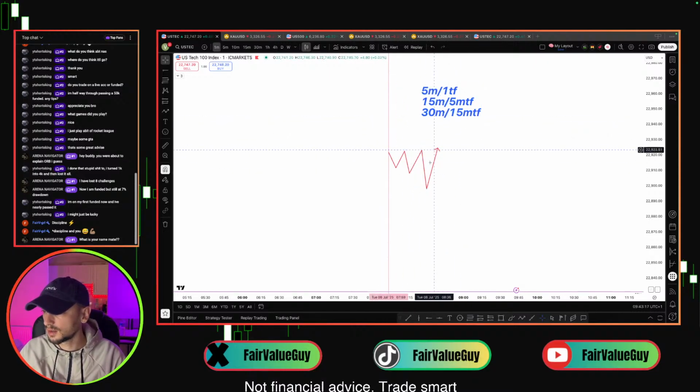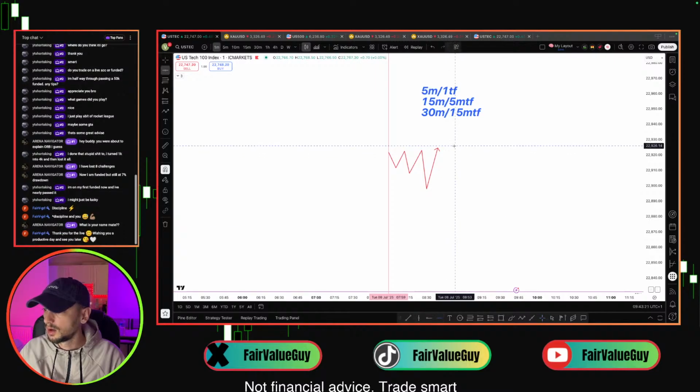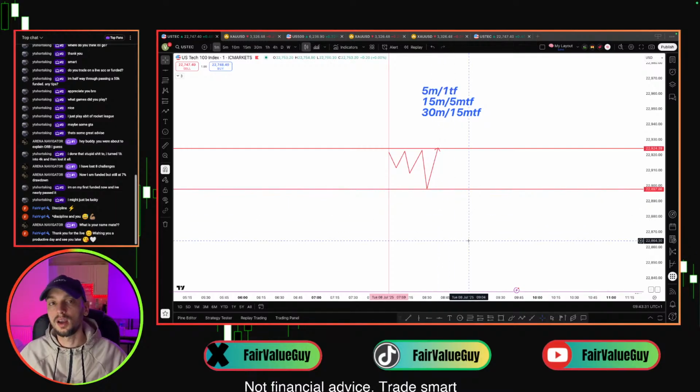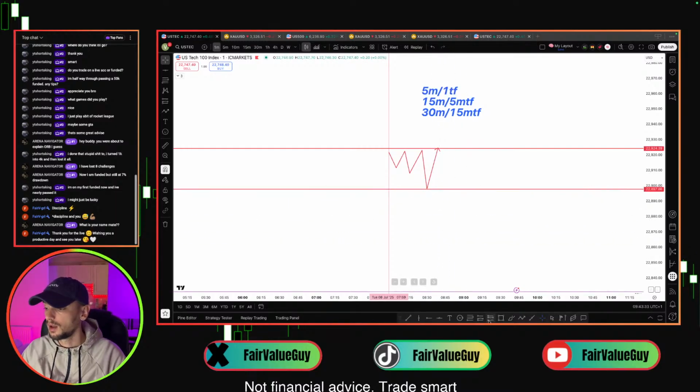So let's say this is the first 5 minutes, and in those first 5 minutes we have a high and we have a low. What you're waiting for is simply a breakout. The opening range is the first 5, 15 or 30 minutes, and we wait for a breakout.